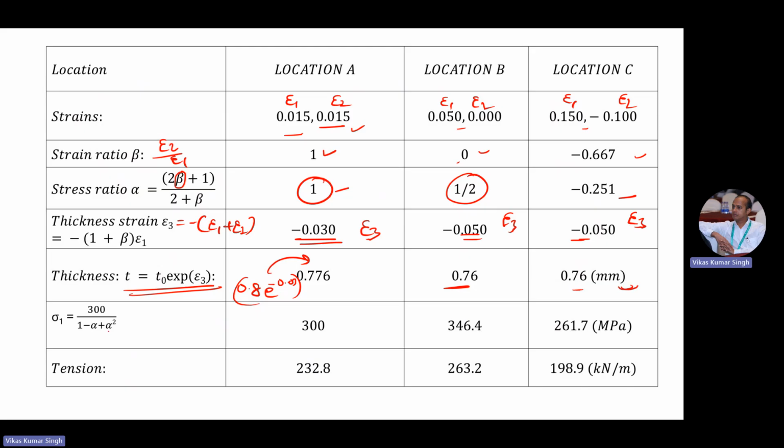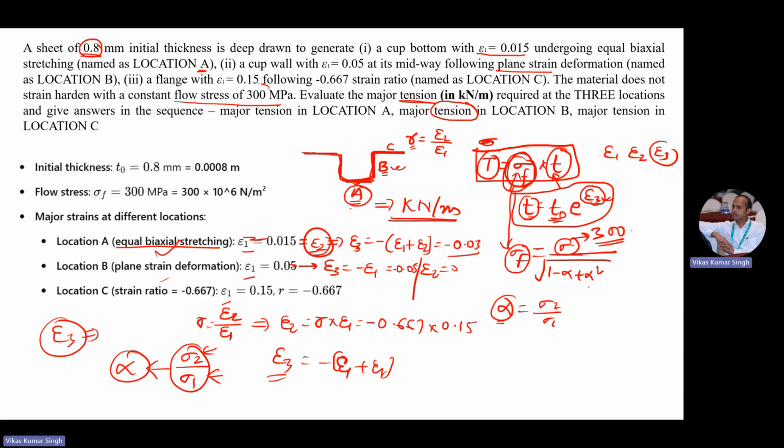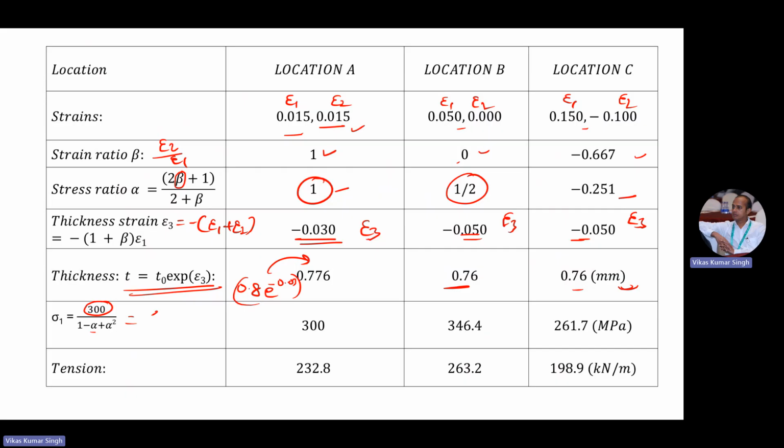Now we calculated alpha also. Alpha is 1 at location 1, half at location 2, and minus 0.251 at location 3. Once you put this, this value is given in the question here. The actual formula of this is sigma by square root of 1 minus alpha plus alpha square.